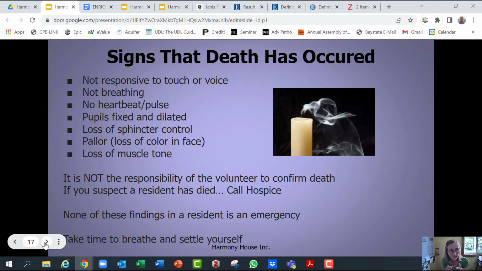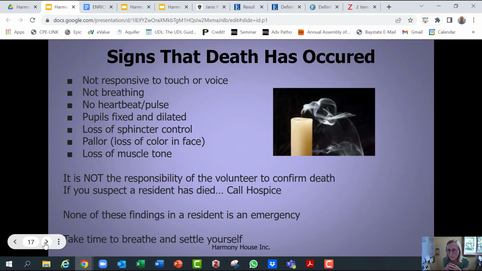And again, this is not your job to try to lay a stethoscope on. It's just that if you have the ability to feel for a pulse and it's not there, their pupils look fixed and dilated, they become pale or lost their muscle tone, it seems like they have died.